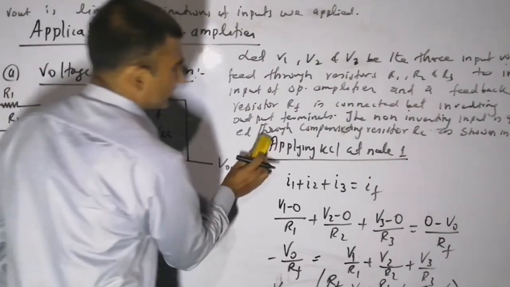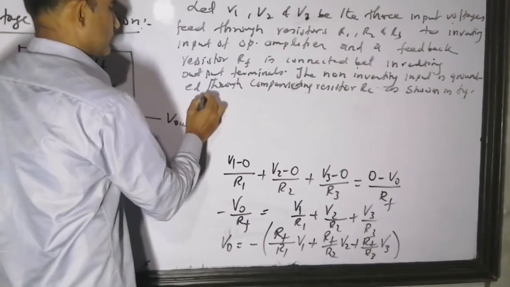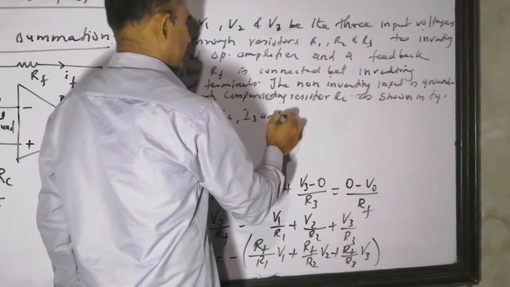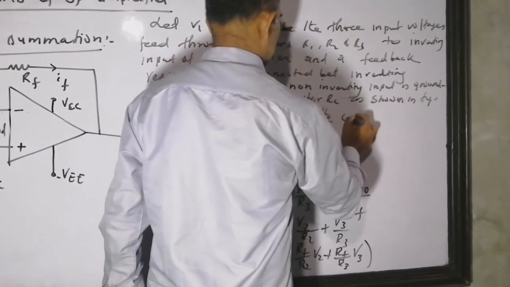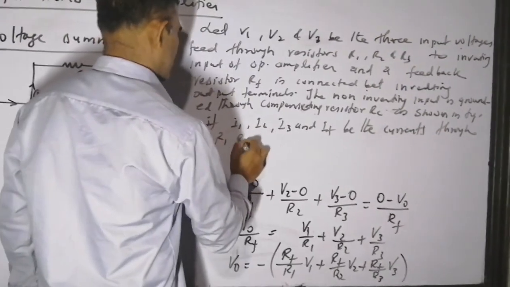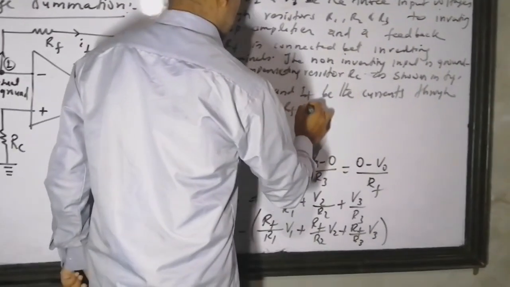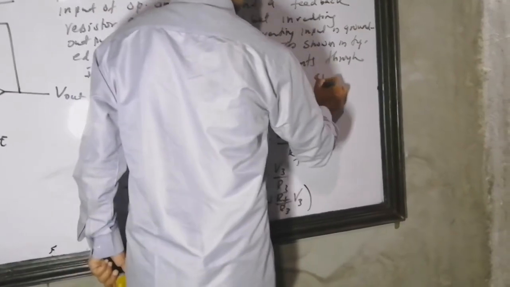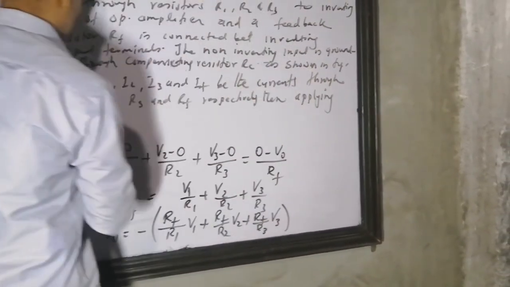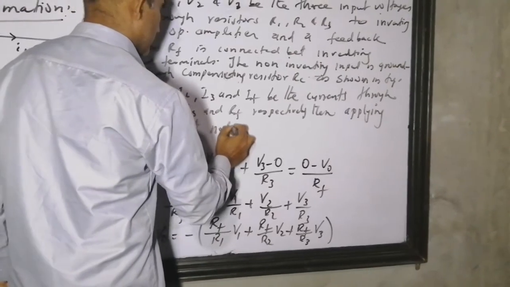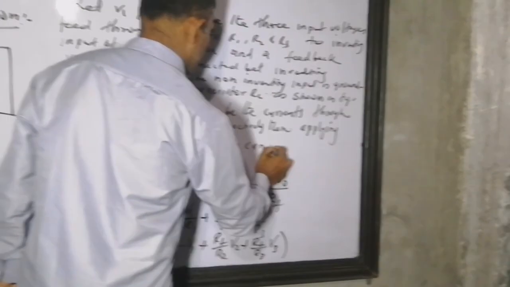And then we write: if I1, I2, I3 and IF be the currents through R1, R2, R3 and RF respectively, then applying Kirchhoff's current law, we call it KCL, applying Kirchhoff's current law at node 1, we can write, and then we can continue writing this.